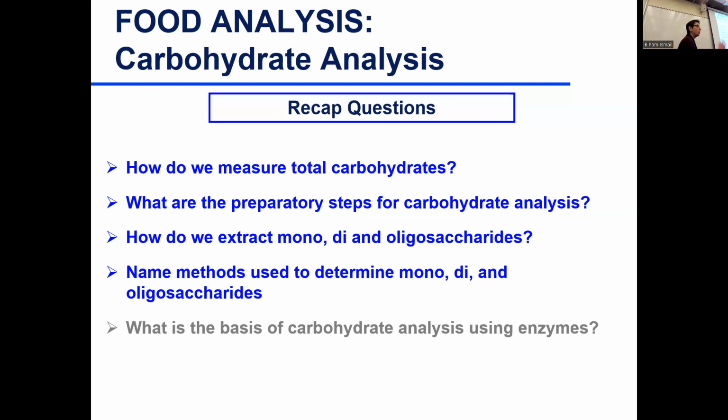And furans are going to react with phenol reagent to get a colored compound that you'll be measuring with a spectrophotometer. So you'll use glucose as a standard, construct the standard curve, and determine the concentration of the sugars in your sample.